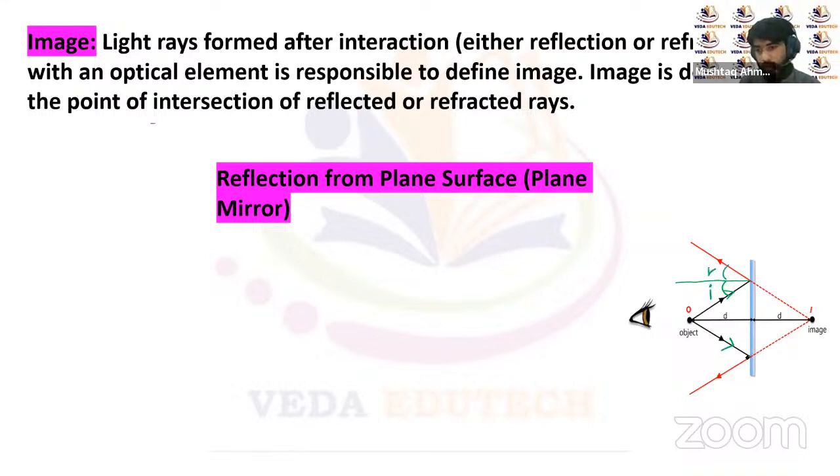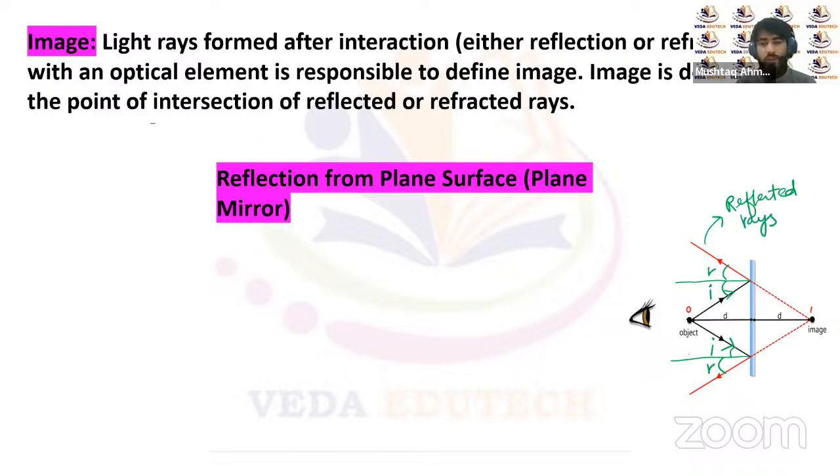So similarly here, they will move in such a way that the angle of incidence will always be equal to the angle of reflection. Point O is the object. Now these are the reflected rays upon the interaction with the optical element.